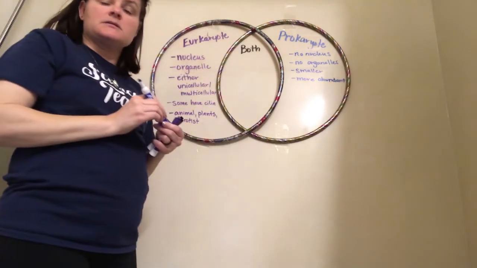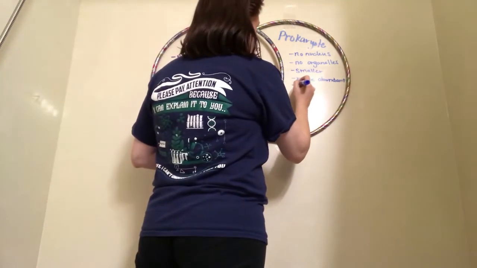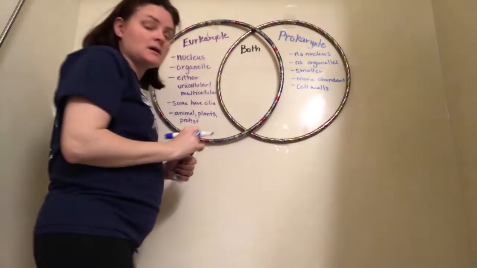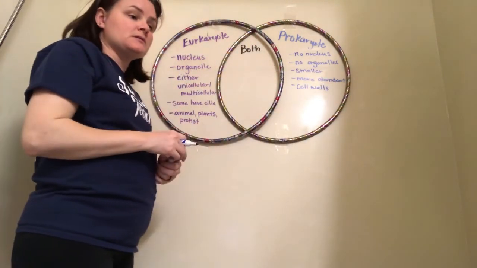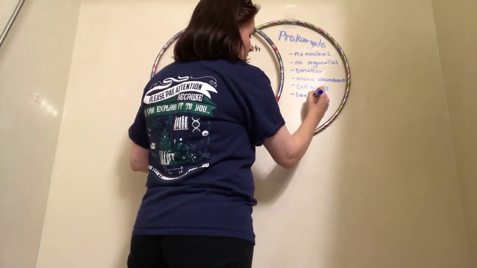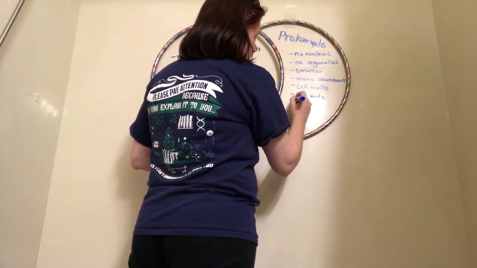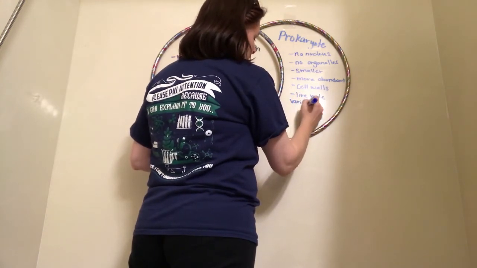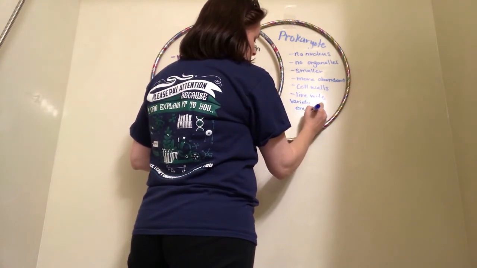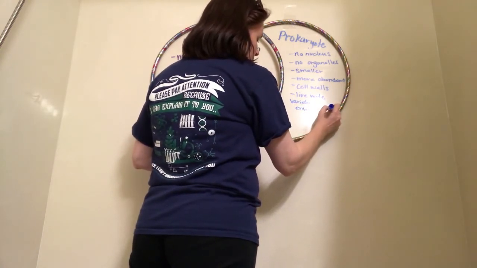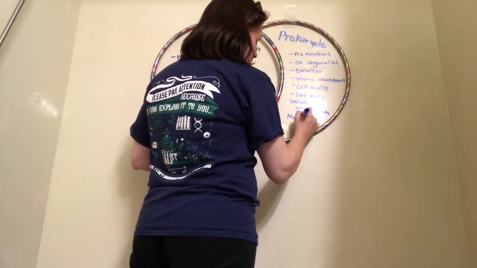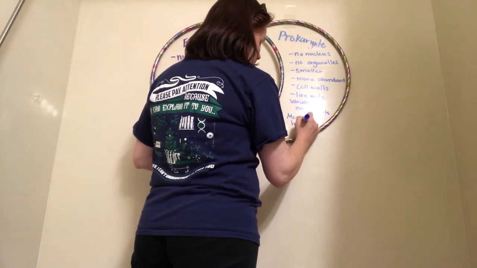What else makes these unique? They have cell walls, which we'll get to. Some eukaryotes do, but some don't. These can live in a wide variety of environments. And our biggest, they are mostly bacteria.